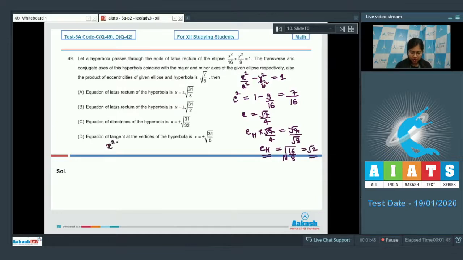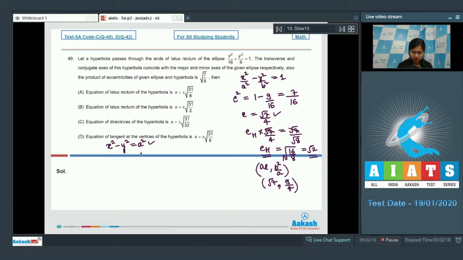So it will be of the form x square minus y square equal to a square. Now as it is passing through the endpoints of the latus rectum, that is it is passing through ae comma b square by a. Now ae for ellipse is root 7 and b square by a is 9 divided by 4.